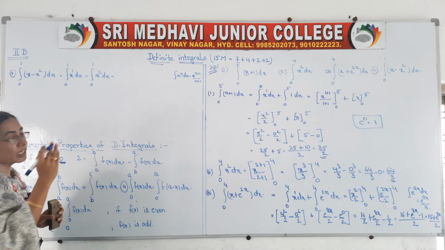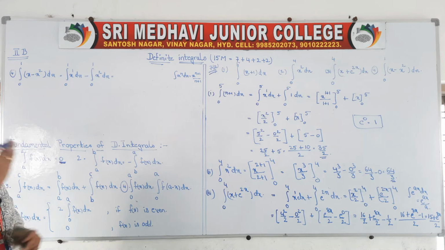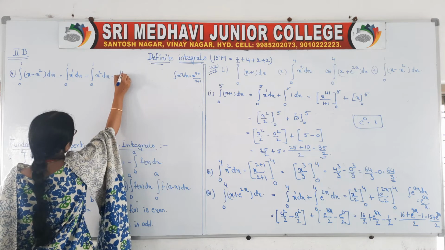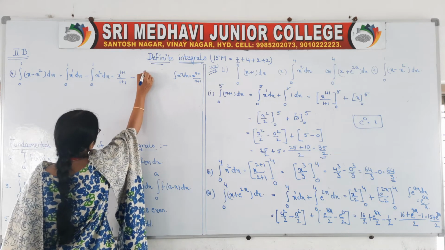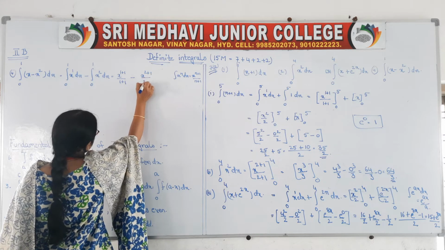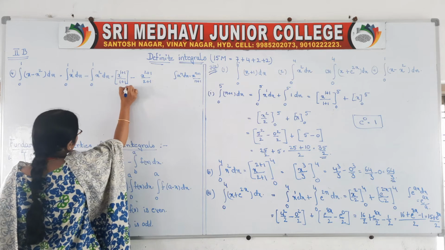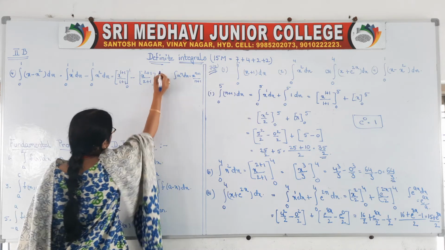Here we don't take c. Why? We have to substitute the values, so some definite value is there. For this it is x to the power of 1 plus 1 by 1 plus 1 minus x to the power of 2 plus 1 by 2 plus 1. Once the integration is over, we take limits 0 to 1 and here 0 to 1 on the right side.